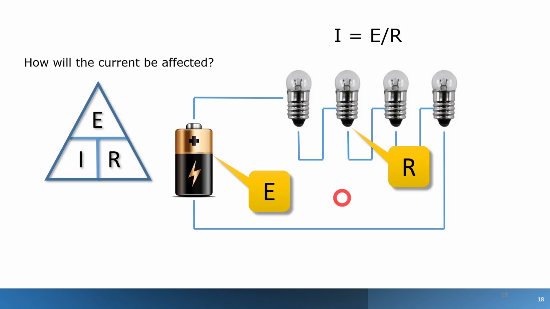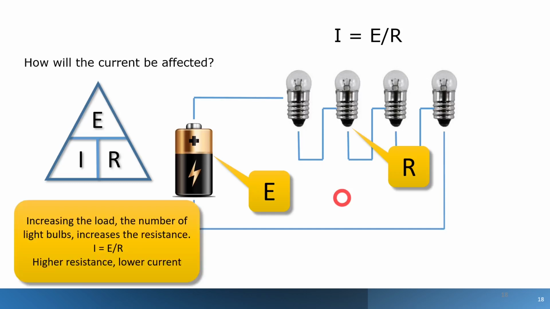And if the voltage is kept the same and our denominator gets bigger, that means our current's going to go down. 1/2 is a bigger number than 1/4. The 4 is a larger number in the denominator. And so we will have less current flowing in this. So increasing the load, the number of light bulbs, increases the resistance. I equals E over R. Higher resistance equals lower current.